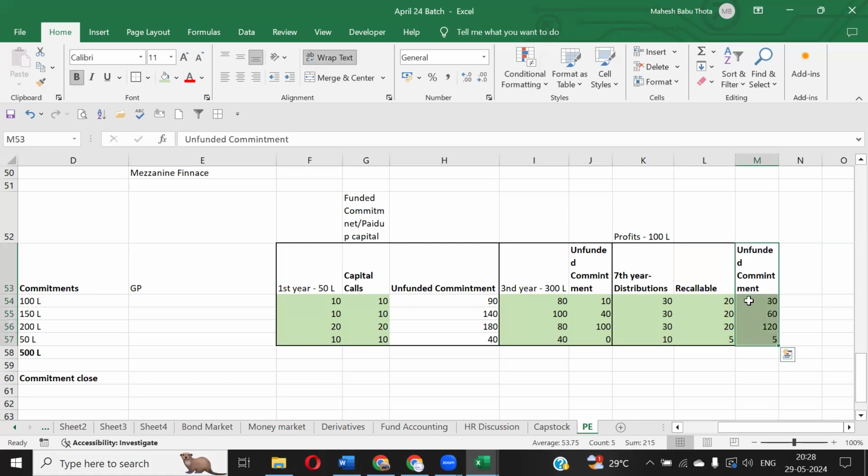Is everyone understanding the meaning of unfunded and recallable? Recallable means while distributing profits or maybe the capital to the investors, again they have a right to call back the capital. Whatever amount they have mentioned as recallable, out of that recallable amount, they can call back from the investors. It will impact the unfunded commitment of limited partners again.